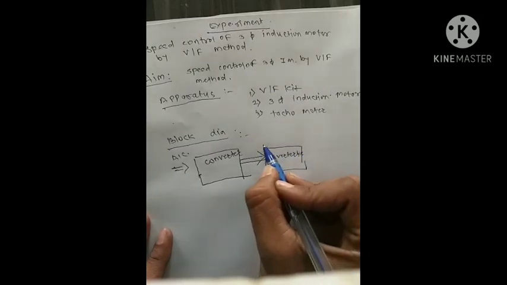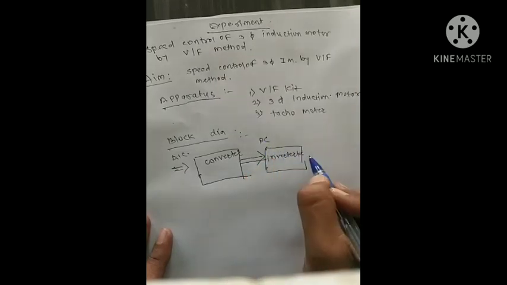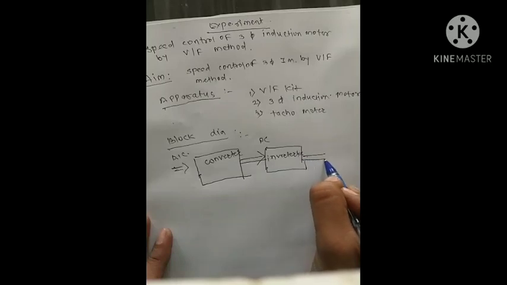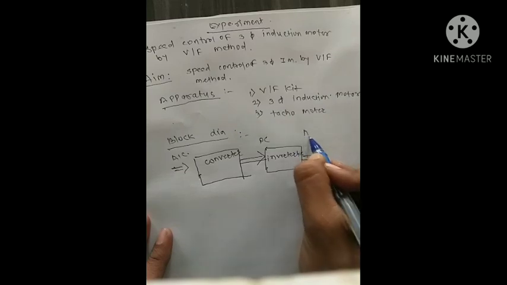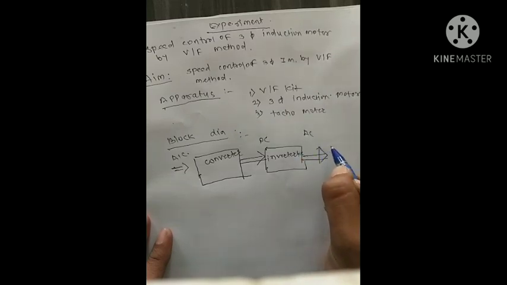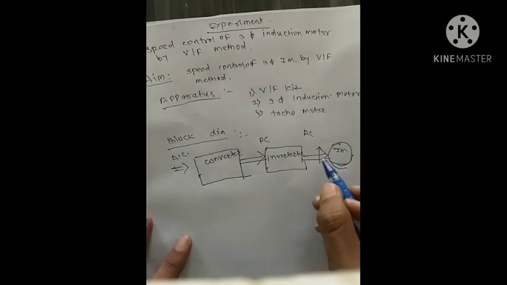It is a variable DC input to the inverter, and finally the inverter converts DC into AC again, and this AC input is finally given to the induction motor. And the voltage and frequency are variable here.